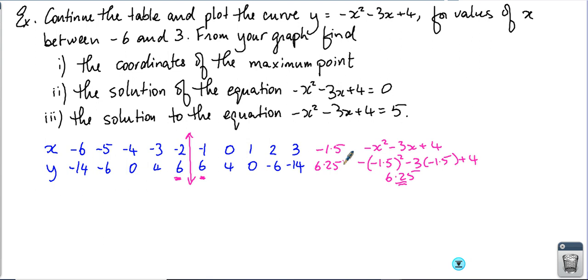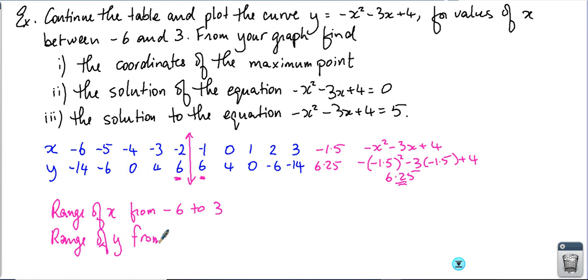We're going to plot the graph. Before plotting the graph, we're going to see the range of values. So range of x is from minus 6 to 3, and the range of y this time is from minus 14 to 6.25. So that is going to be our graph.